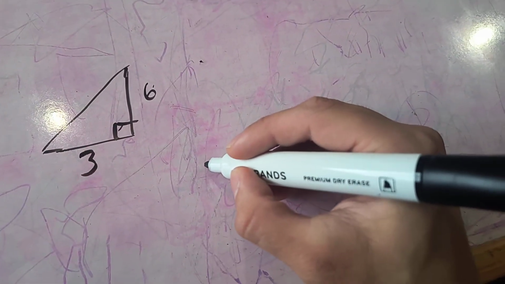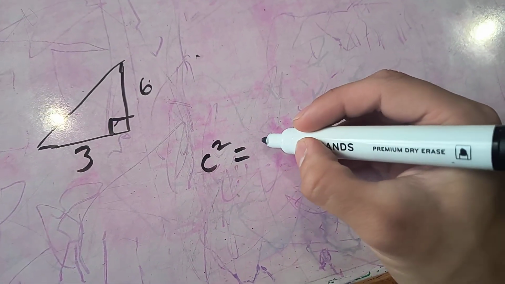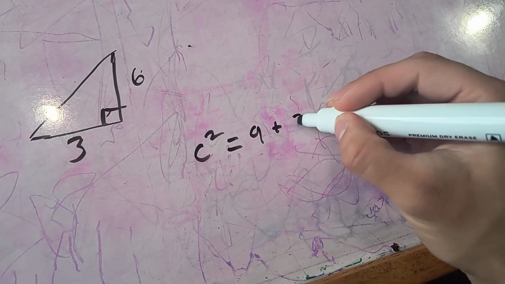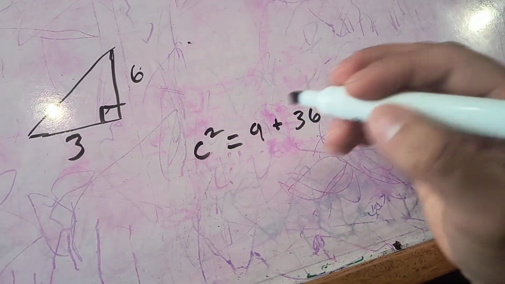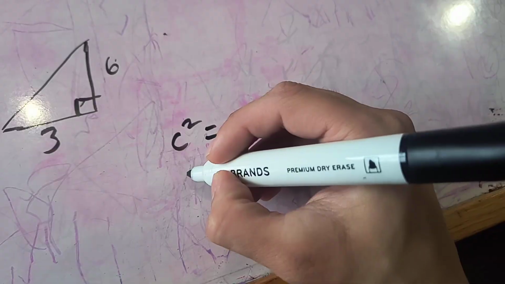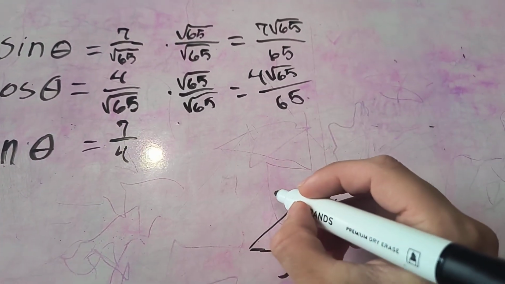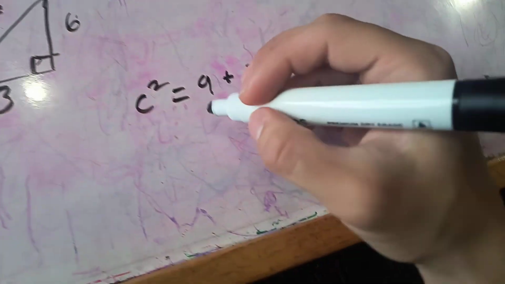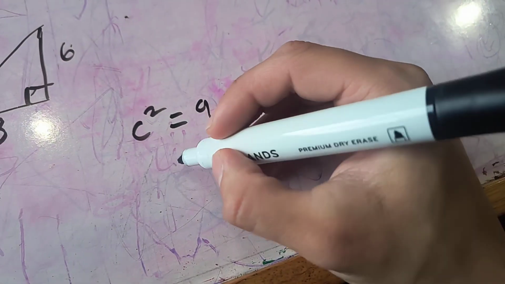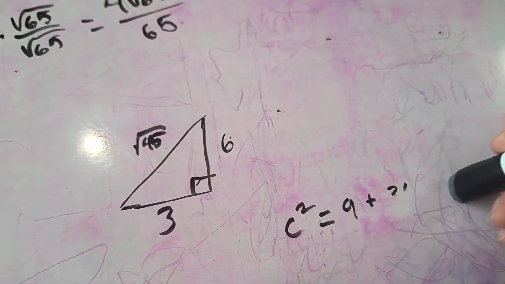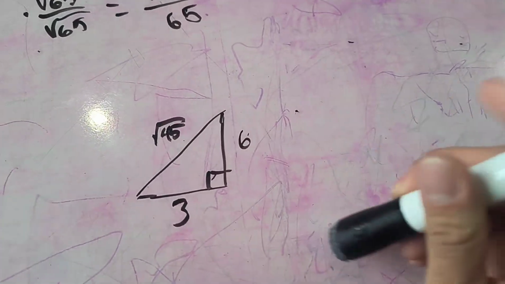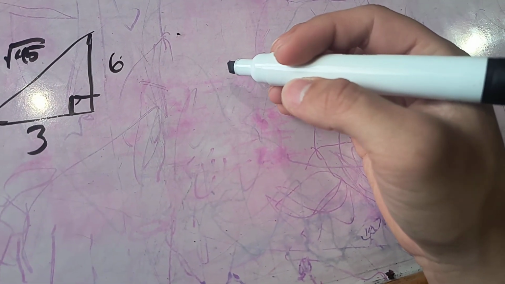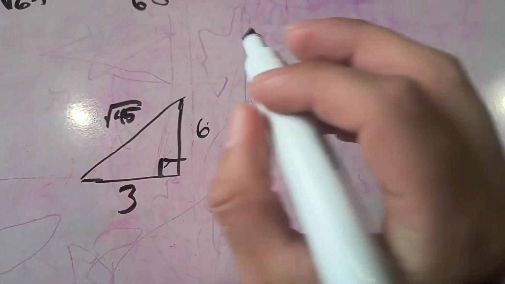So c squared would be equal to 9 plus 36, which is 45. So the hypotenuse is equal to the square root of 45. I could simplify it, but I'm not going to do that. We're just going to keep it the square root of 45.